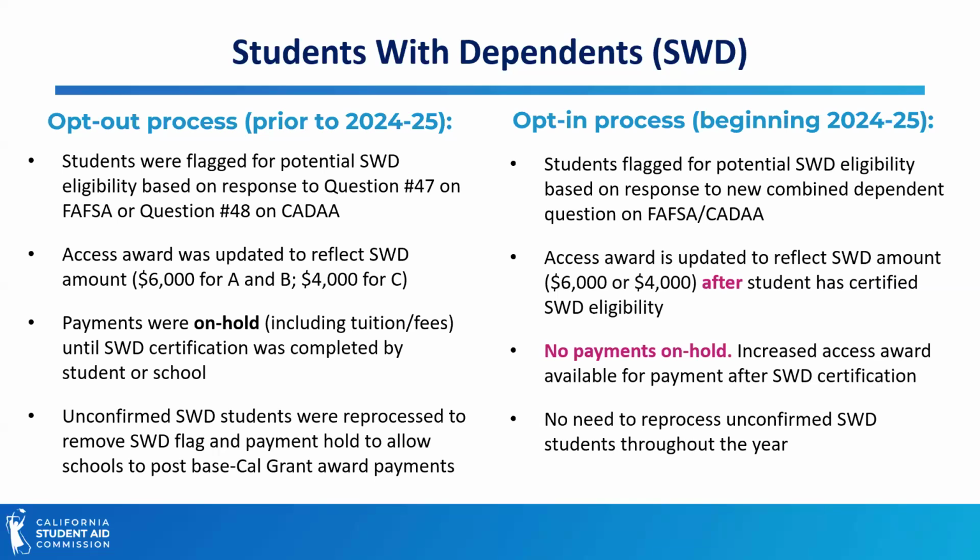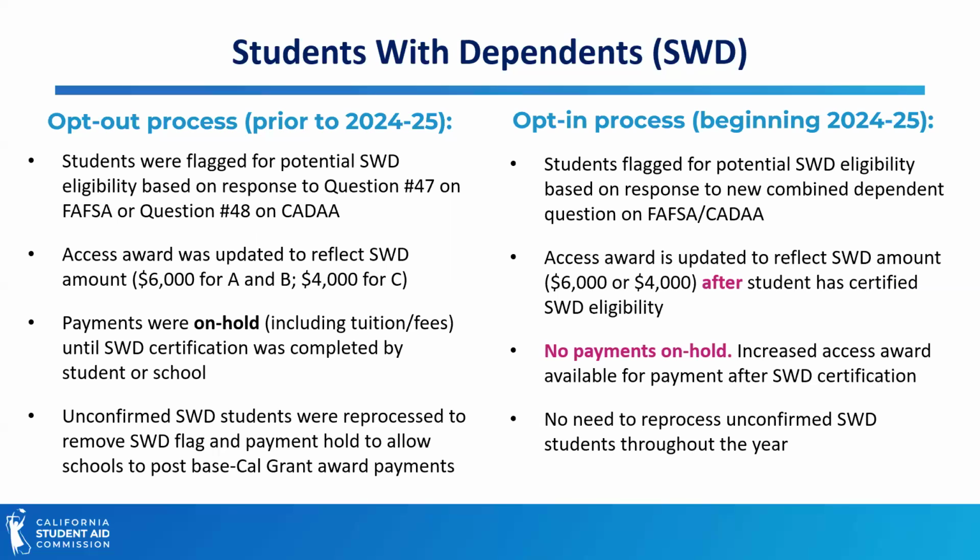Now, the caveat was the payments were on hold, including their tuition and fee award, until the student did their SWD certification. And so this created a barrier for students to receive their tuition and fee award before completing the SWD certification.